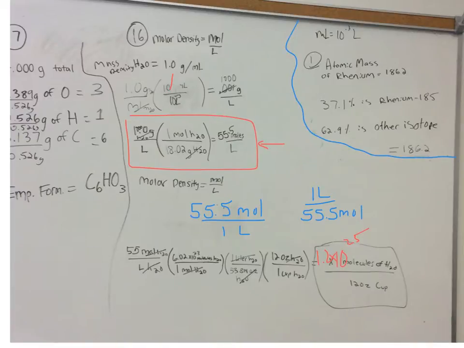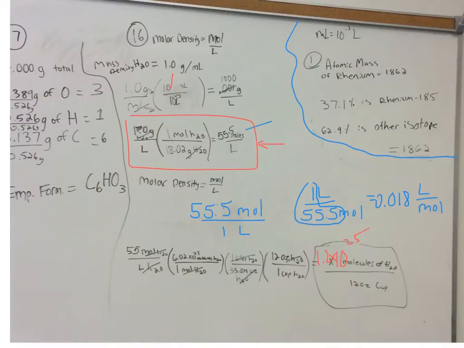And if I do that division, the numeric division here, 1 over 55.5, as a decimal is 0.018 liters per mole. There's 0.018 liters per mole of water.